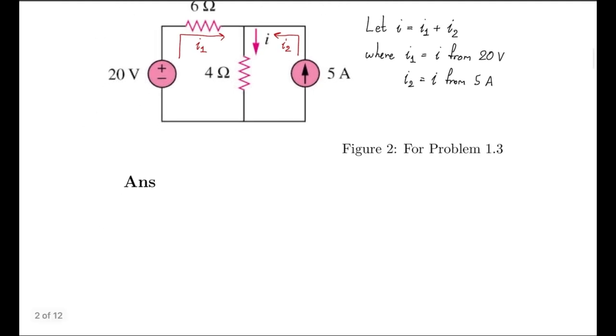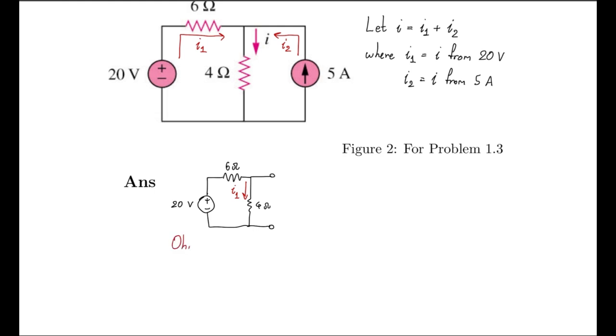Then, we will analyze the current I1 first. Redraw the circuit with the 5 amps current source turned off. Remember that a current source becomes an open circuit once it is turned off. Here, we can see that the circuit becomes a simple series circuit.